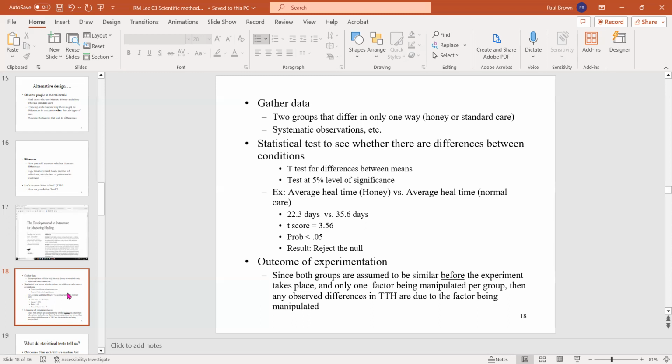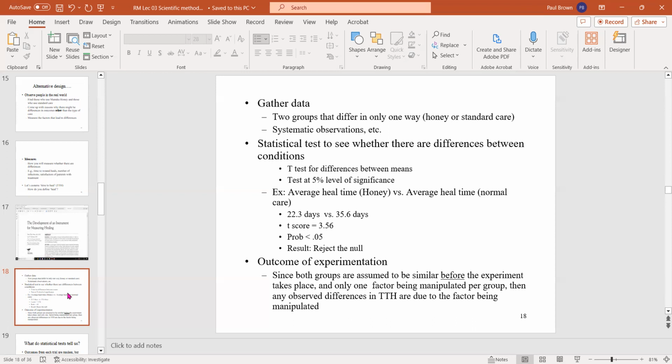So now you go out there and you get a number, 22.3, for the Manuka honeybee. You get 22.3 days. If you were to plot where this lies, 22.3 lies right there.